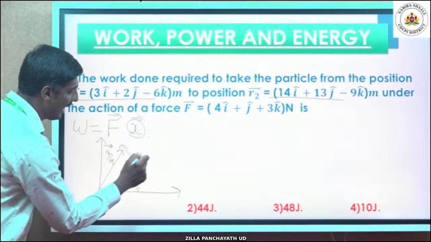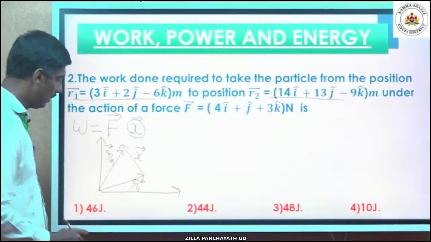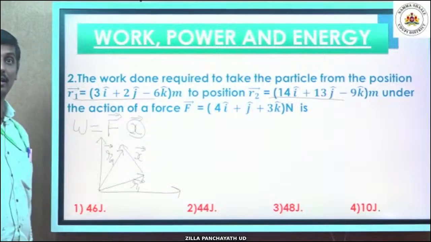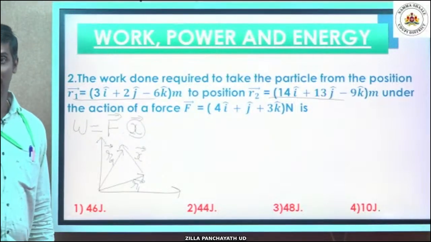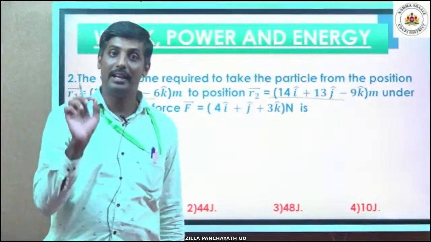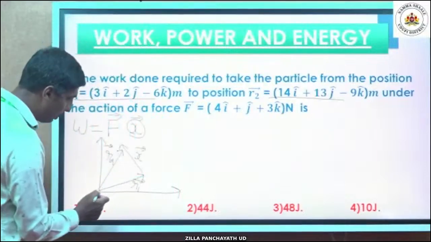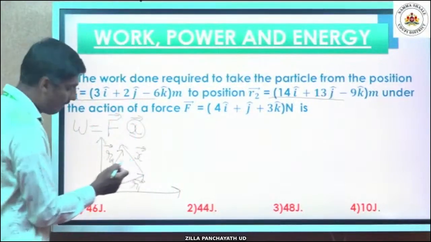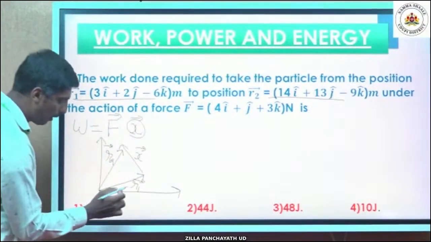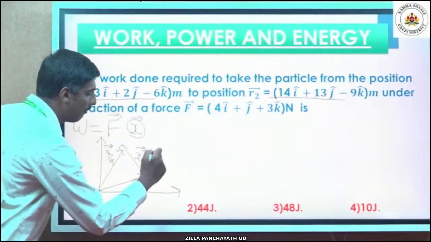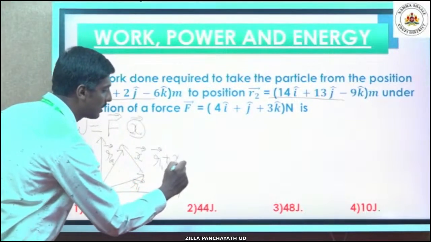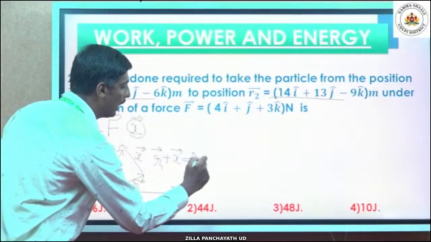Let us take it as the displacement x. Now we know from the triangle of vector addition that two vectors are taken in the same order, where the third one is taken in the reverse order. From this, what I can write is R1 plus X is equal to R2. Am I right?